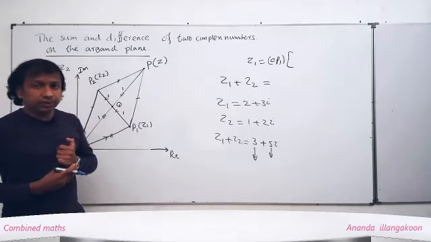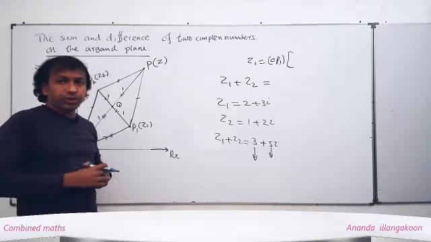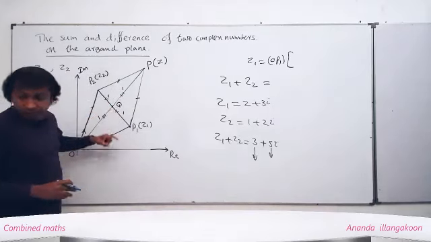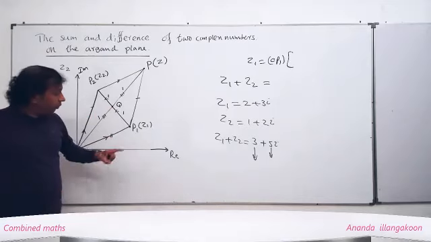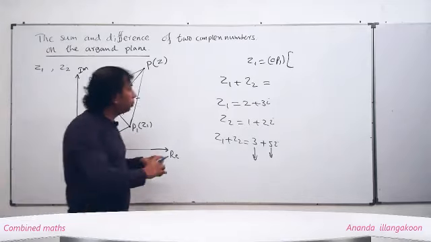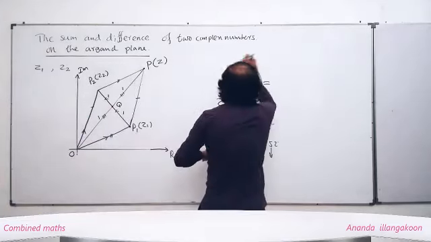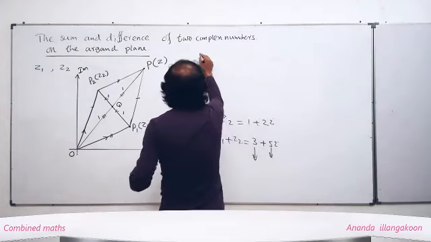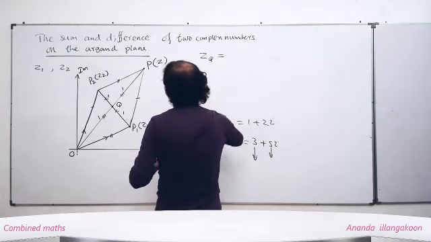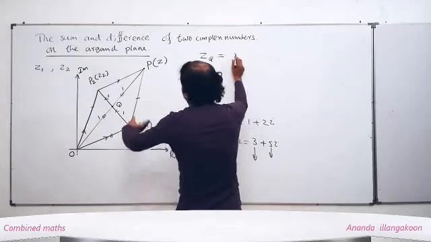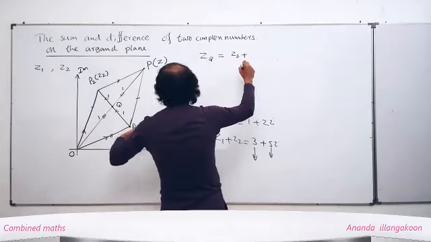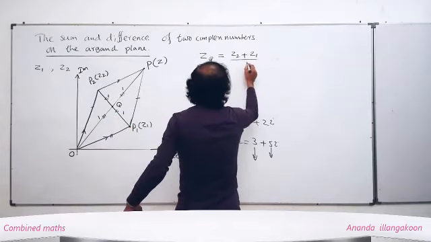The ratio theorem we learned gives the complex number at the point Q using this Z1 and Z2. We can write the complex number represented by the point Q as ZQ equals 1 times Z2 plus 1 times Z1 divided by 1 plus 1, that is 2.